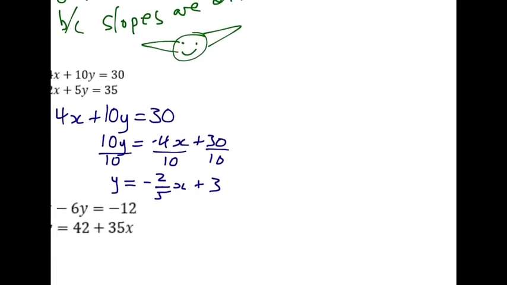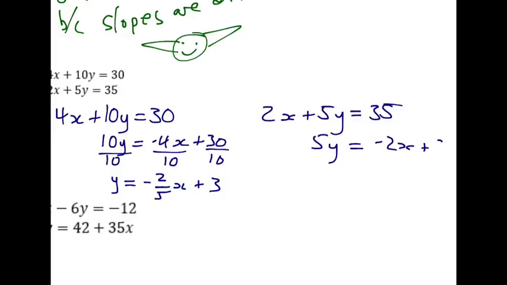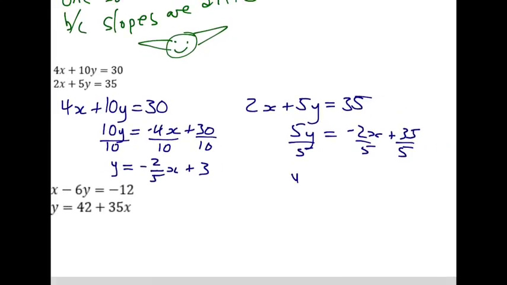And then the other equation, solving for y again. Divide out the 5. Now I have negative 2 over 5x plus 7. And again, 35 over 5 equals 7.